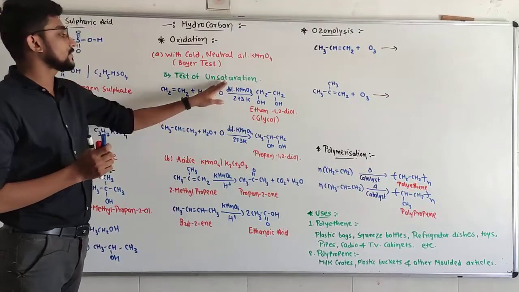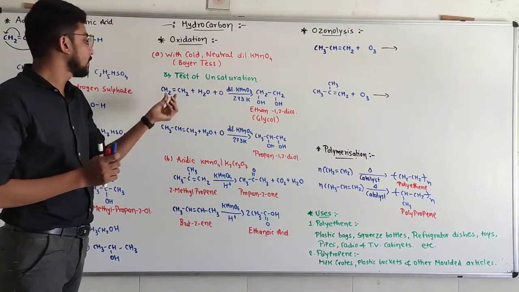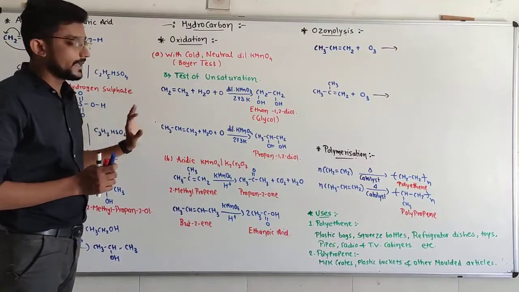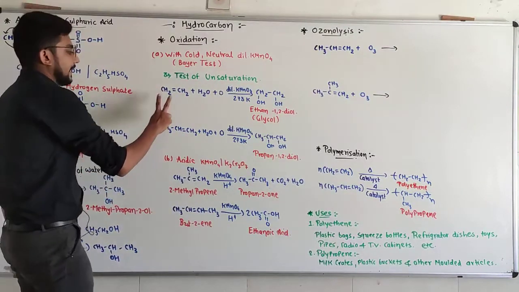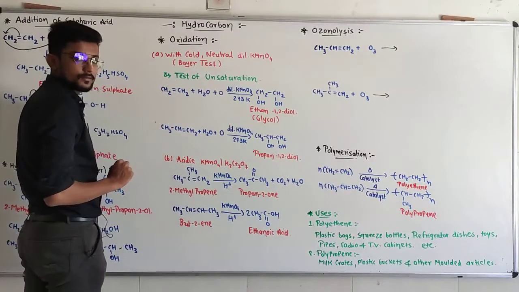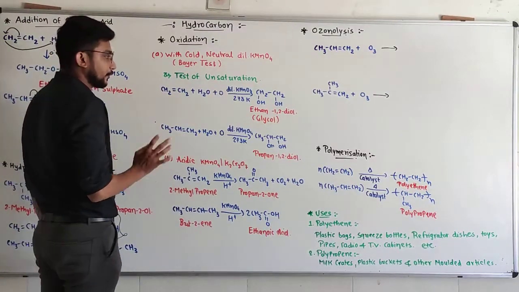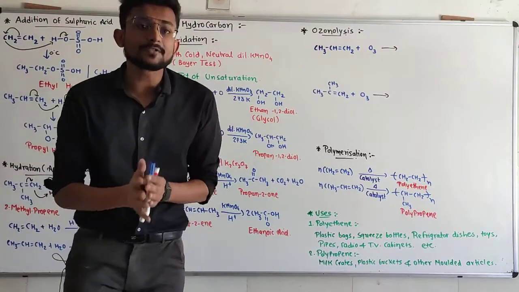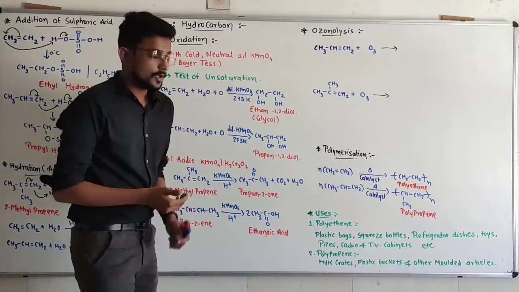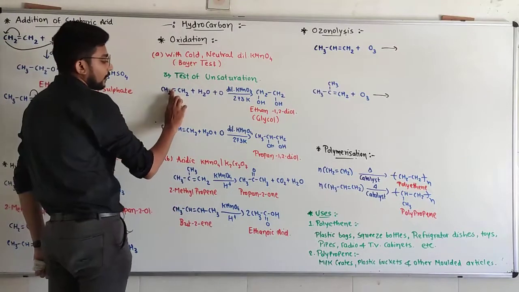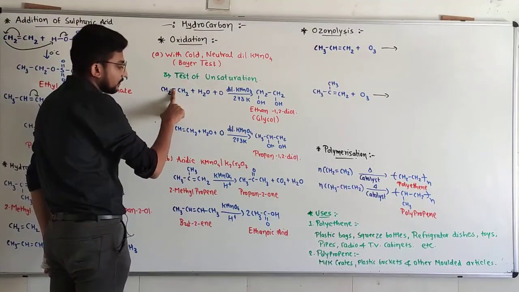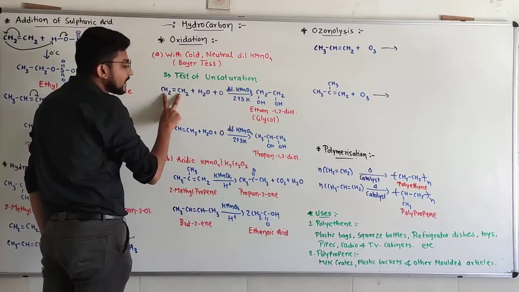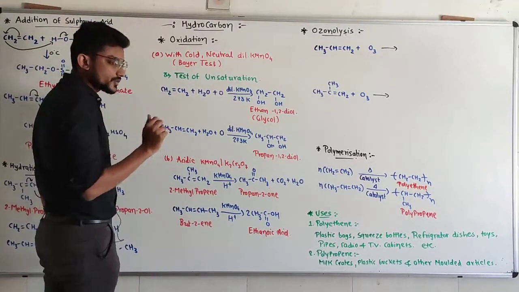Now let's discuss the test of unsaturation. For the test of unsaturation, we should have an unsaturated compound. Here we have alkenes, ethene and propene. What happens? I told you already, weak oxidation reaction gives us alcohol. Only the pi bond will be broken, and both the carbons will get OH.